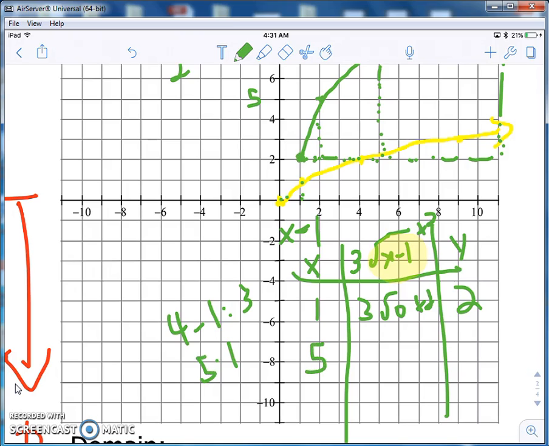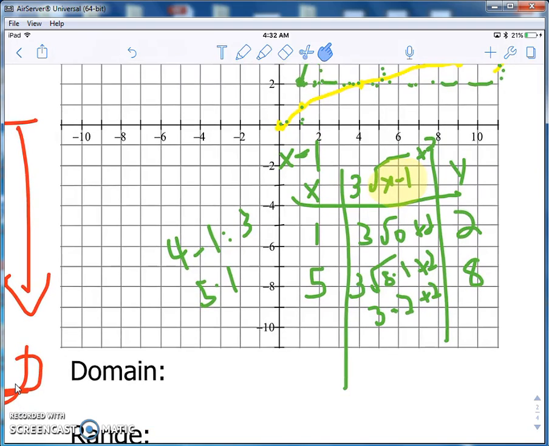So we put in 5 for x, 3 times the square root of 5 minus 1, which is 4, which is 3 times 2 plus 2. 6 plus 2 is 8. If I go one more, I need a 9 to be under the radical. To have 9, I need 10 minus 1. So x has to be 10.